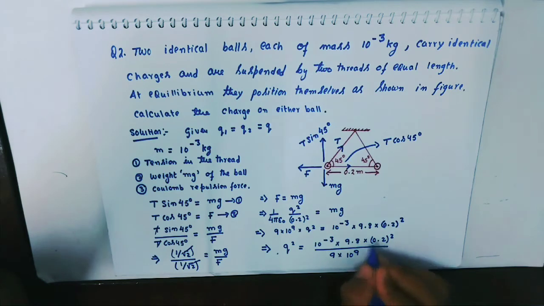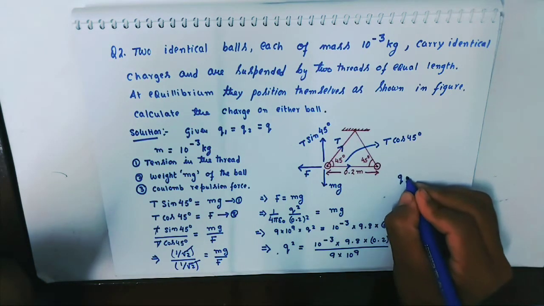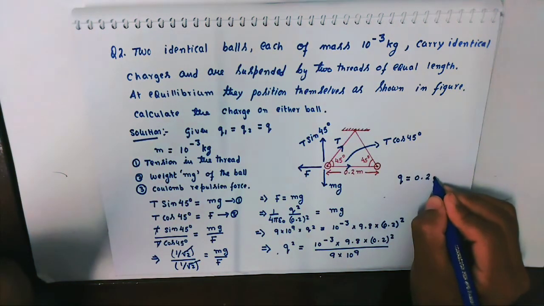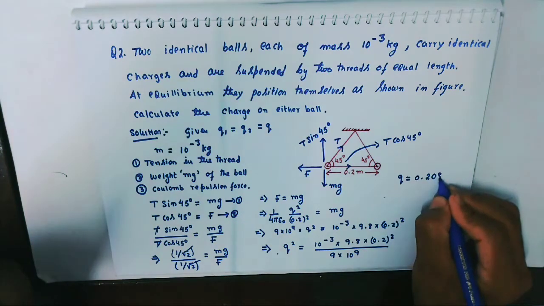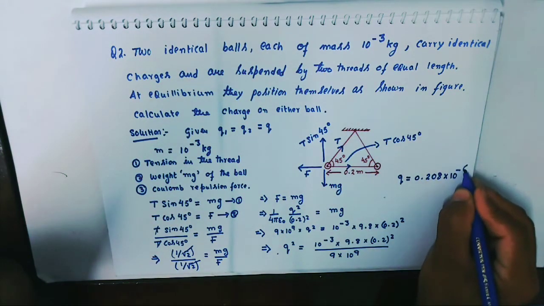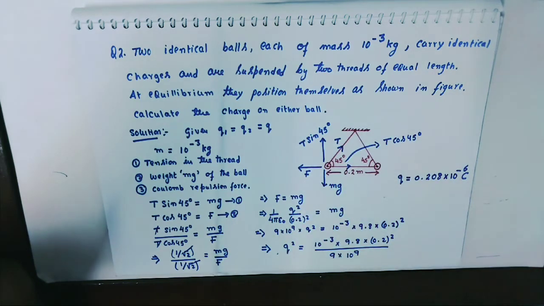So if we solve this numerical value, this q is equal to 0.208 into 10 to the power minus 6 coulomb.